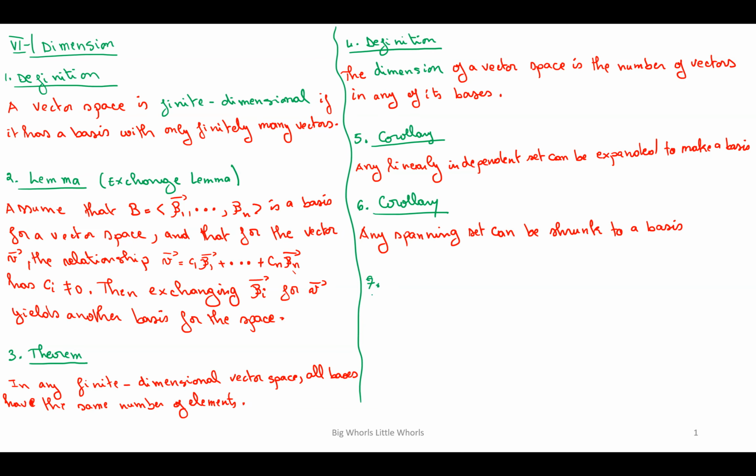Number 7, another corollary. No linearly independent set can have a size greater than the dimension of the enclosing space.